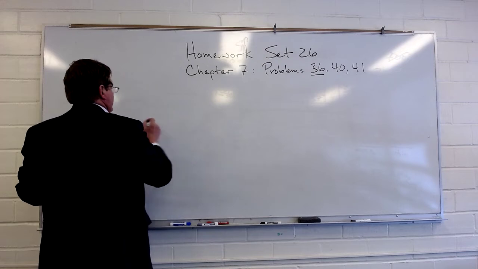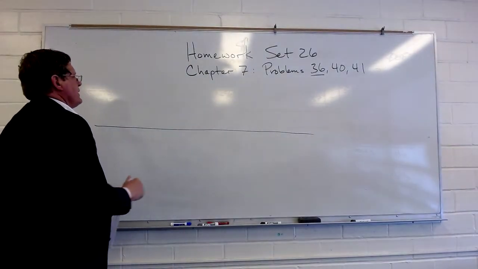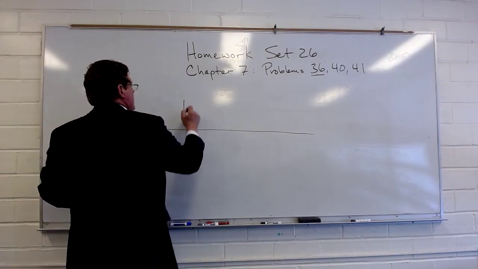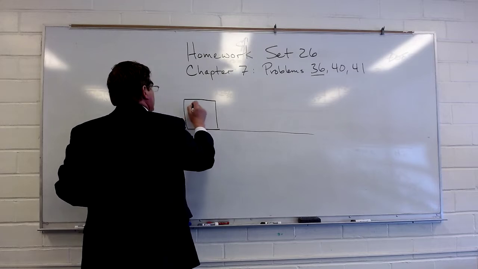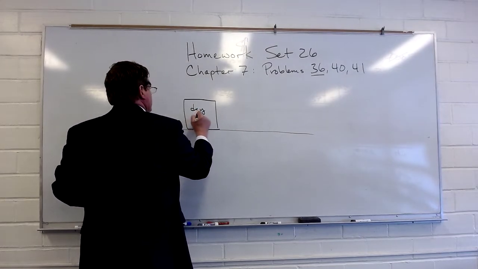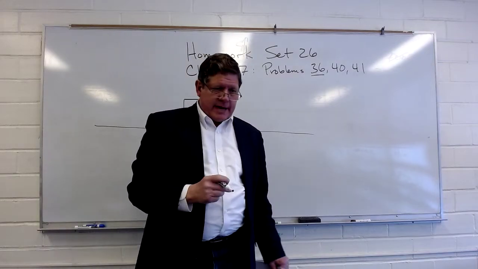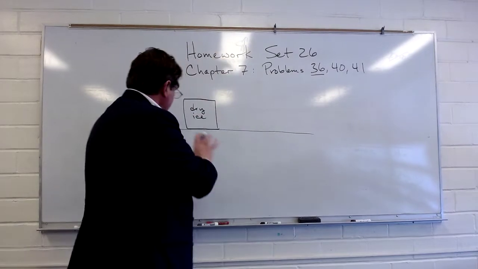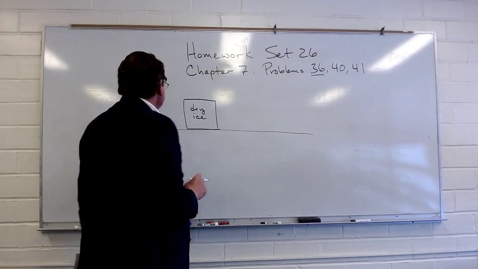You have a surface here and a block of dry ice. Now you remember dry ice sublimes and creates a layer of gas underneath it so that it can float on the surface without any friction.